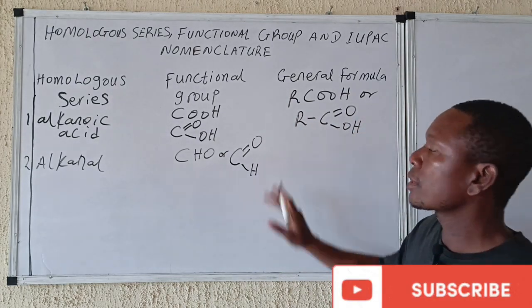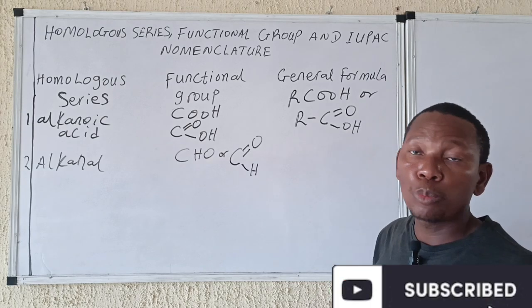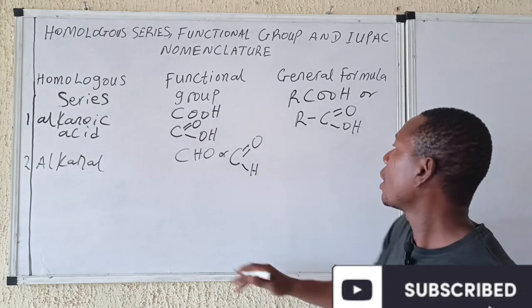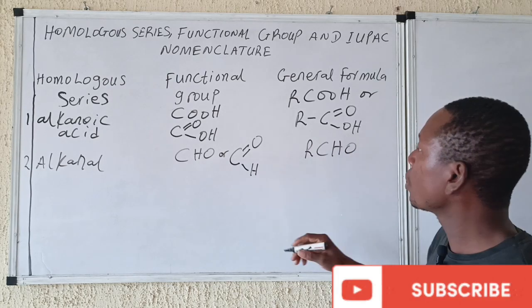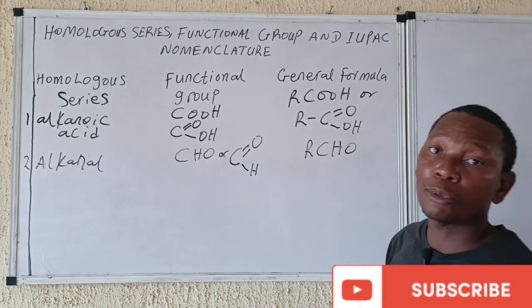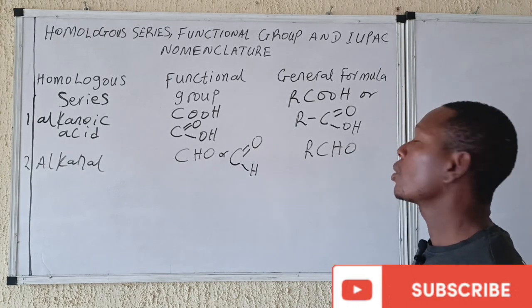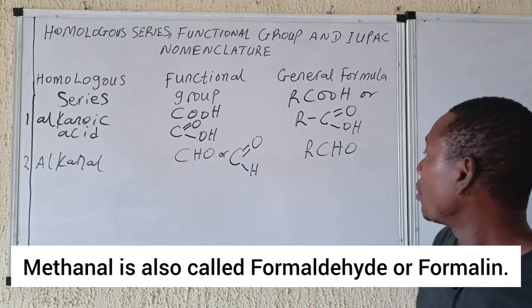So this is the functional group of alkanal, and their general formula is ROCHO. So CHO. Now, take note, this is the general formula. The first member definitely will be hypothetically methanal.